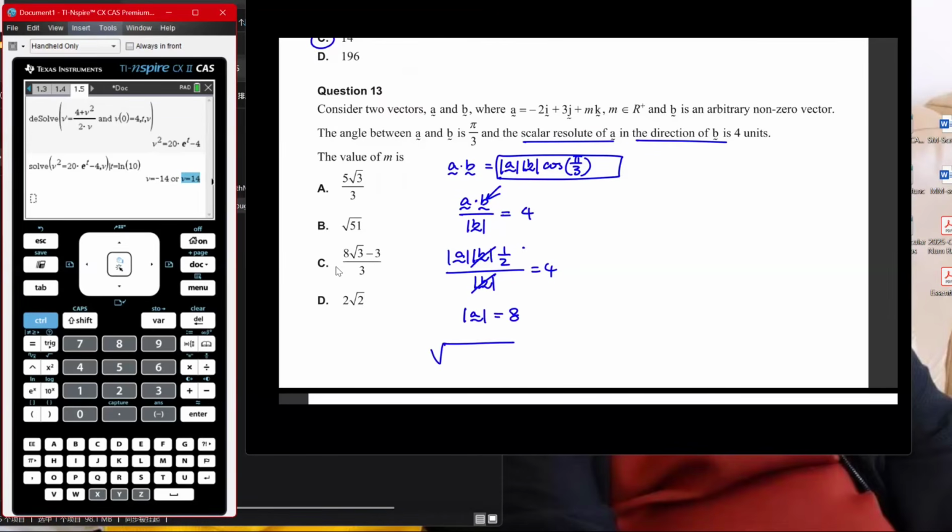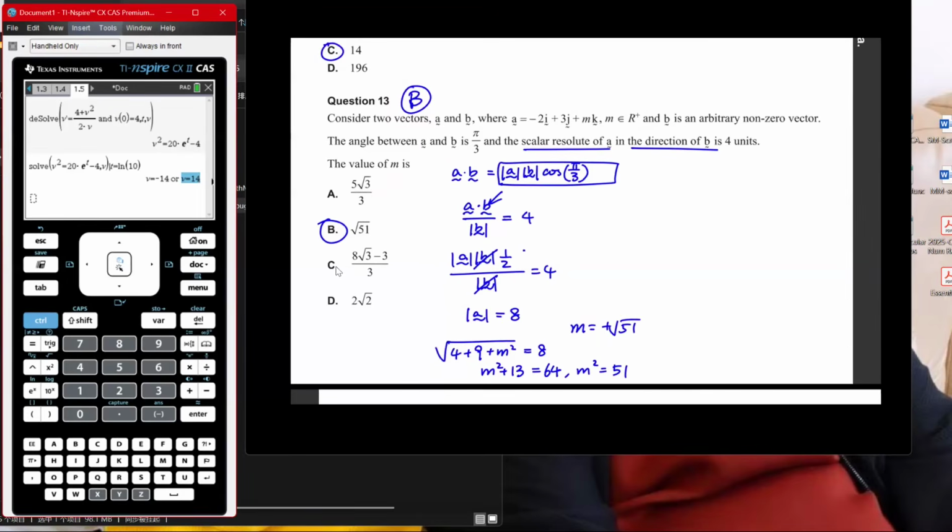Then you will get square root of 4 plus 9 plus m squared equals 8. So m squared plus 13 equals 64, and m squared equals 51. Okay, so option B is the correct answer for m value. Okay, so that is question 13.